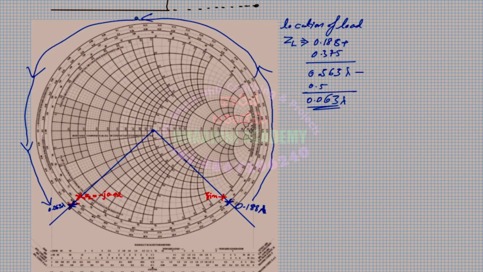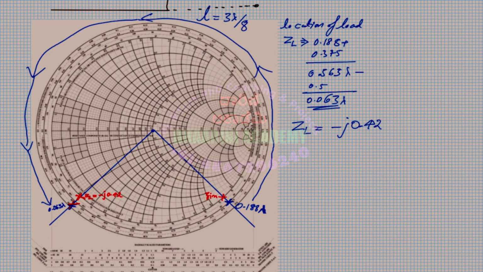So that distance covered is the length of the line, L is equal to 3 lambda by 8. We covered this distance to reach that point. So the value of ZL is the normalized ZL equal to minus j 0.42. Again, this is normalized, so you don't have to write ohms.